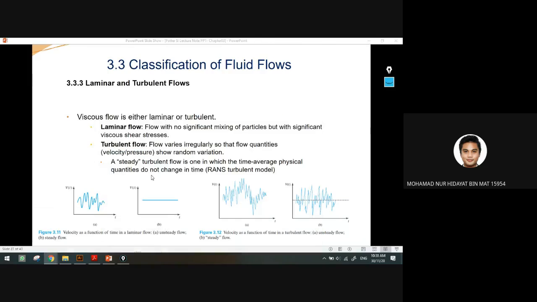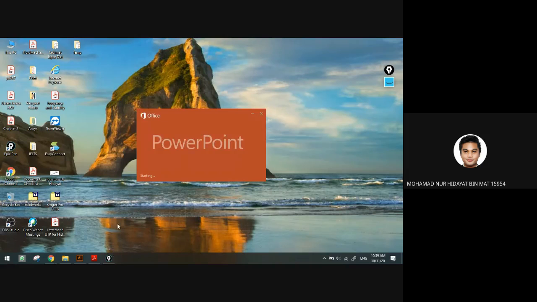That's why you can see in laminar flow, the particles will not mix. It will flow steadily, steady flow. However, for turbulent flow, the flow is very irregular. So this is A, you can see this is fluctuating. So what is this? This is turbulent flow.